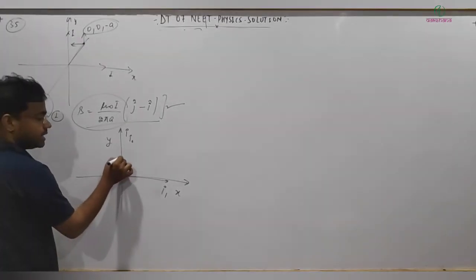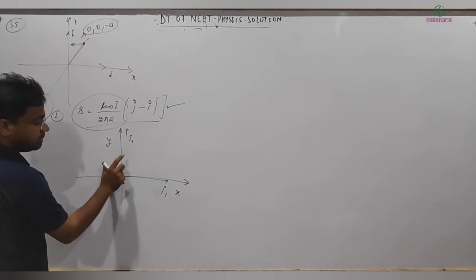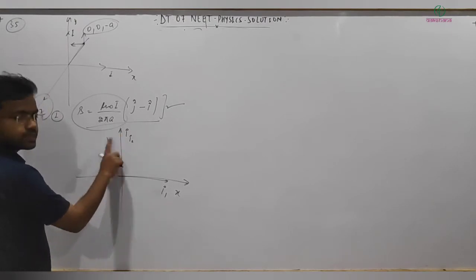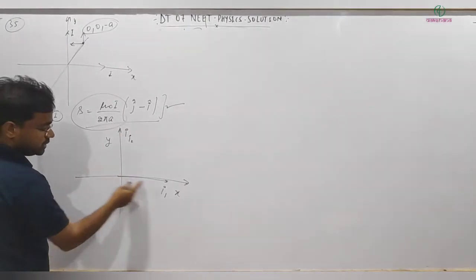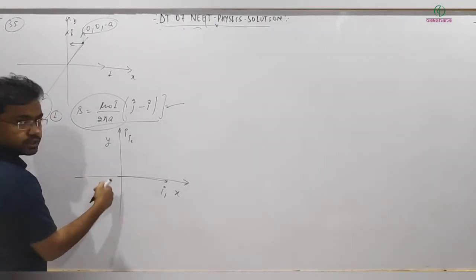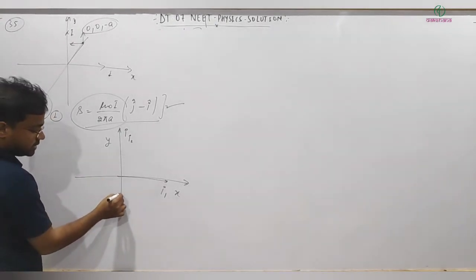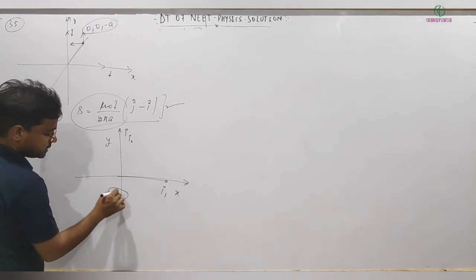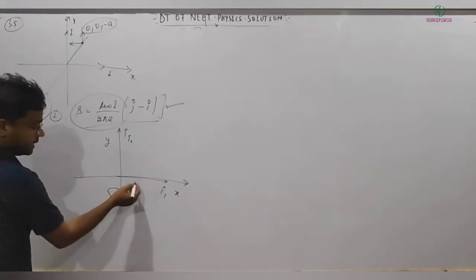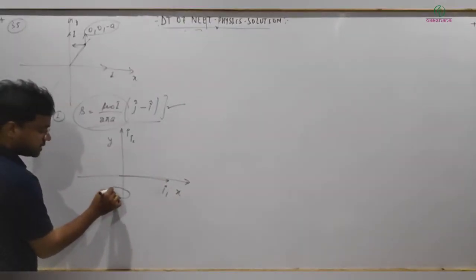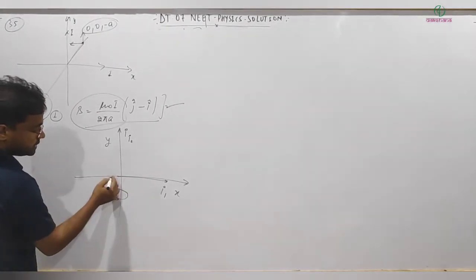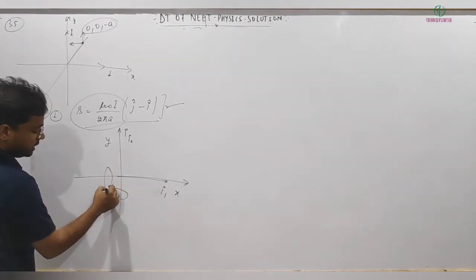Due to this wire you can imagine a cylindrical region of field, and due to the other there will be another cylindrical region. At this point the field will be going in this direction, and at this point it's coming outward, while due to the other wire it may be coming inward.